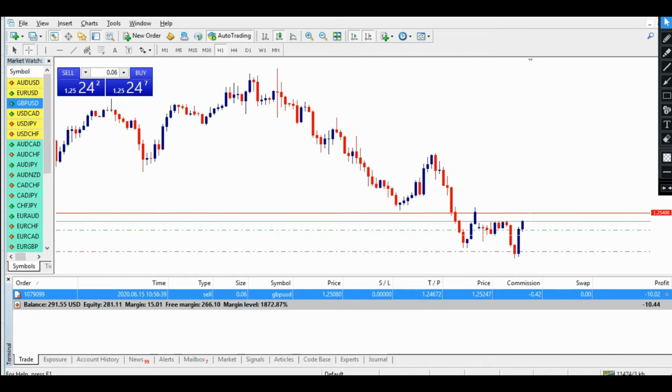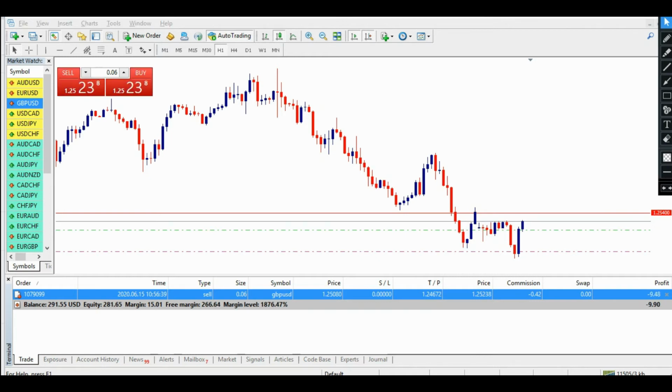So ultimately if I lose, I will simply lose $23, which is 39 pips. And if I win, the profit I will earn is 40 pips. So somehow it's good. I have placed a trade. Now let's see what's gonna happen next.